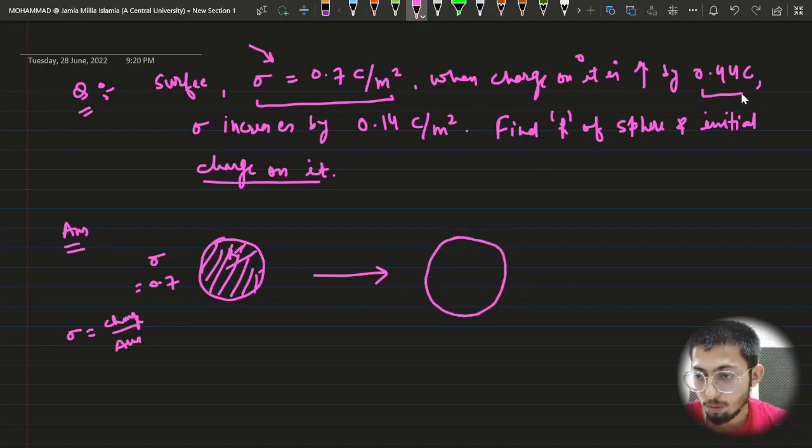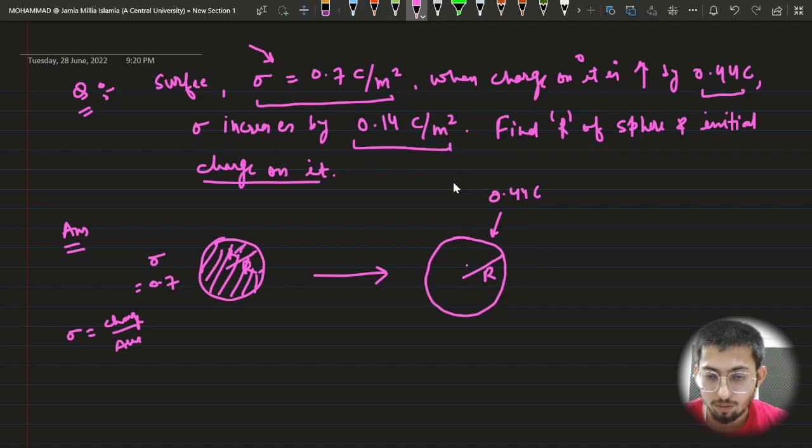It is 0.44 coulomb. When you give it an additional charge, obviously its density is going to increase, because the surface is the same, the radius is the same, and you have given an extra charge to the sphere. That means charge per unit area will increase. So that increase is given by 0.14.